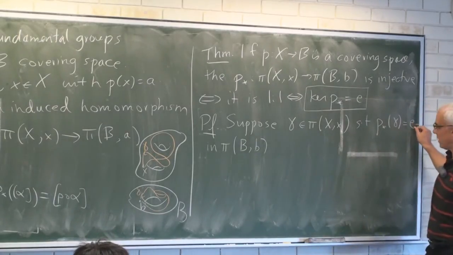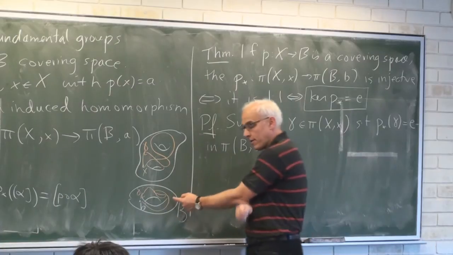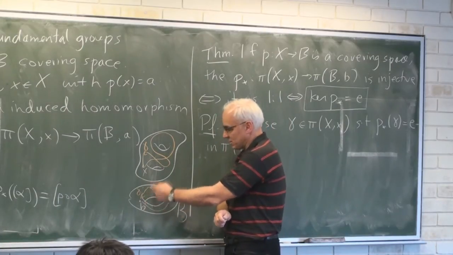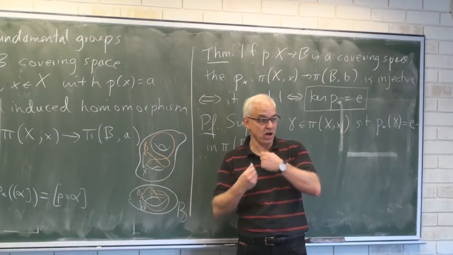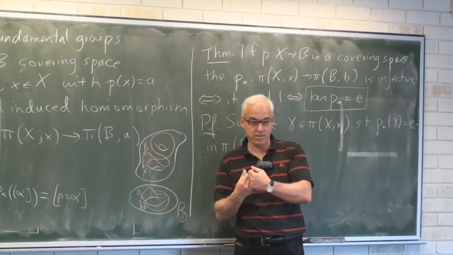What does it mean to be the identity? It means that over here, in this space, the image of this path that we have is homotopic to the identity, homotopic to a constant map.